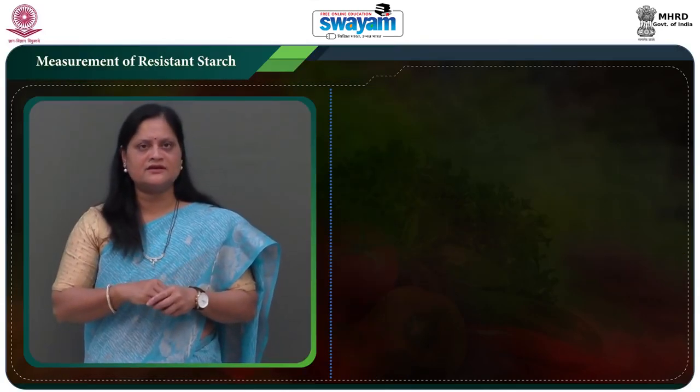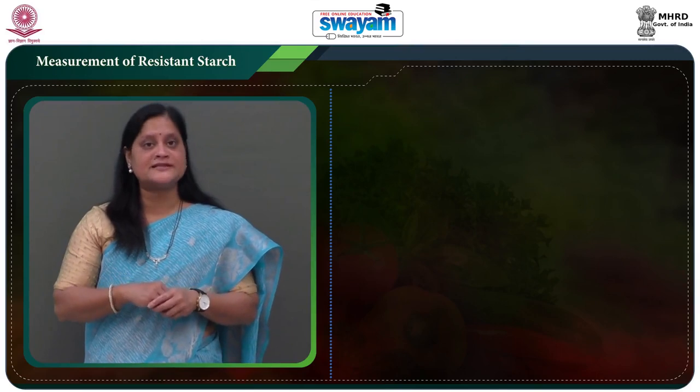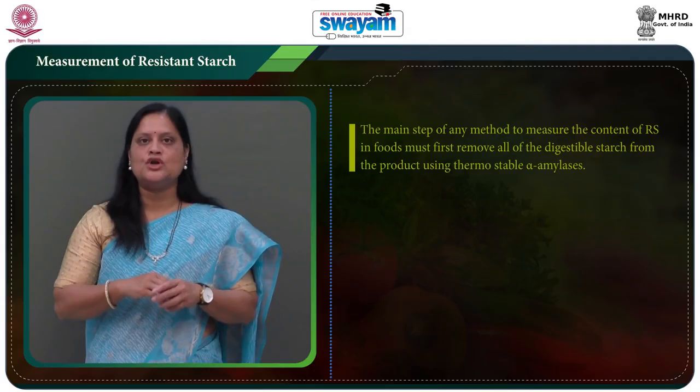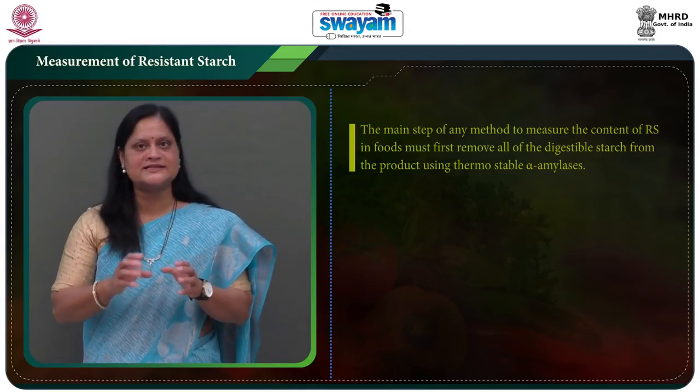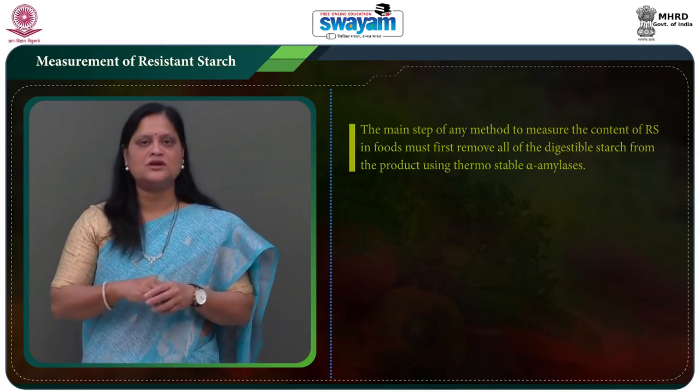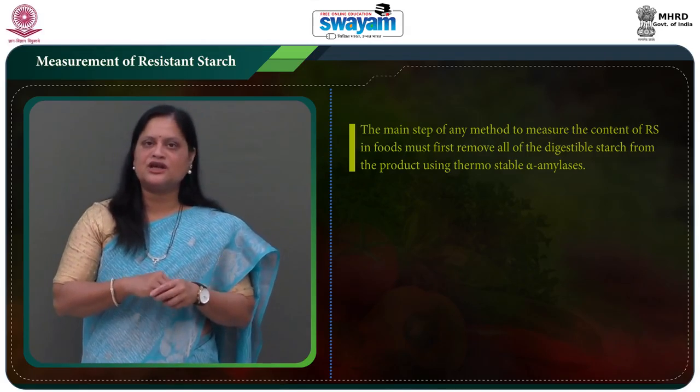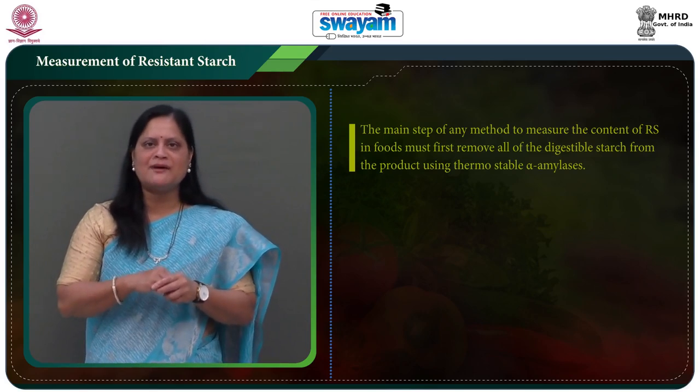Let us now see, learners, the measurement of resistant starch. The main step of any method to measure the content of resistant starch in food must first remove all the digestible starch from the product using thermostable alpha amylase.